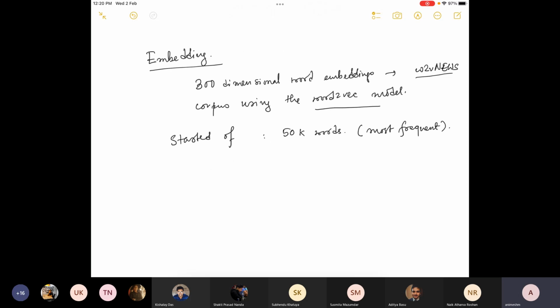Then they did some pruning, some filtering. First filtering was only lowercase words were used.